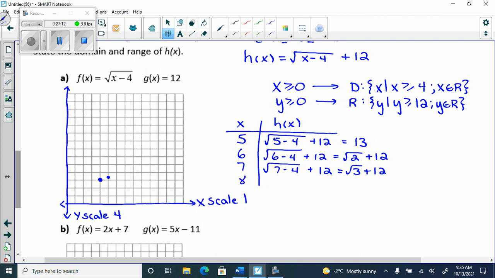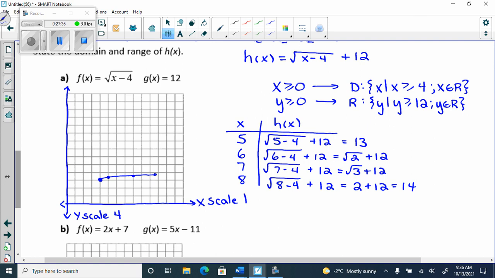Still not pretty. 8. Oh, look at that. 8 minus 4 plus 12 equals square root of 4, which is 2 plus 12, which is 14. So I go till I can get nice ones. 5, 6, 7, 8, and 14. So it's going to be very shifty like that.